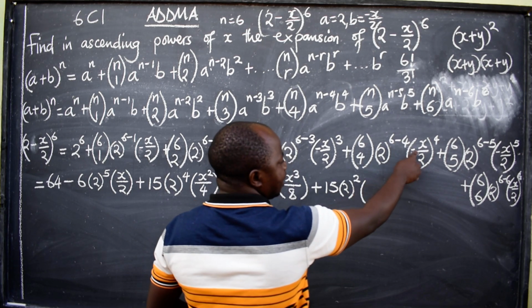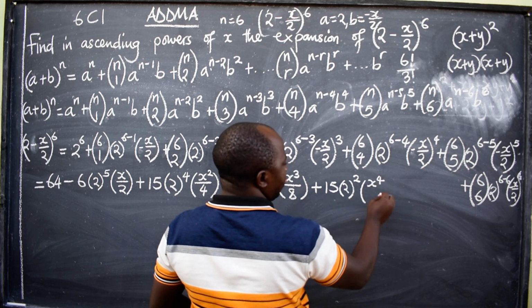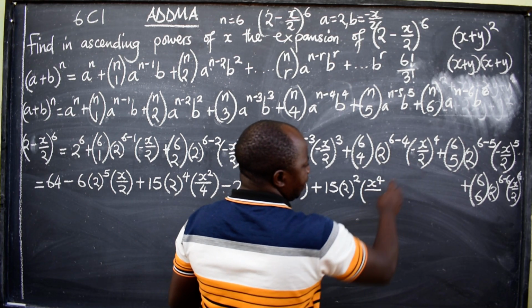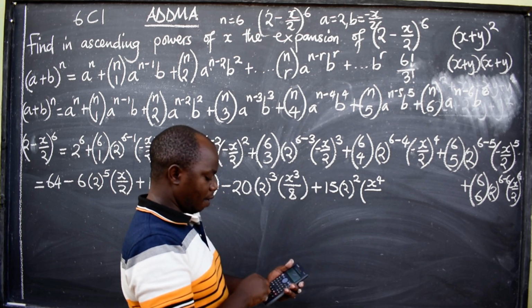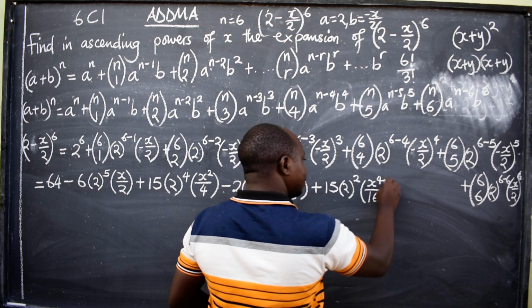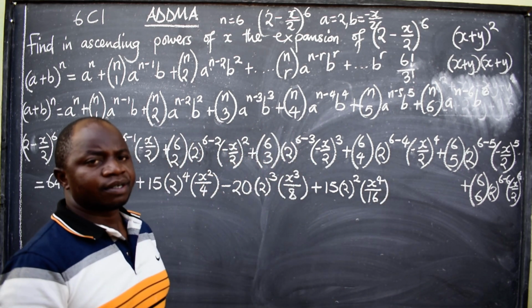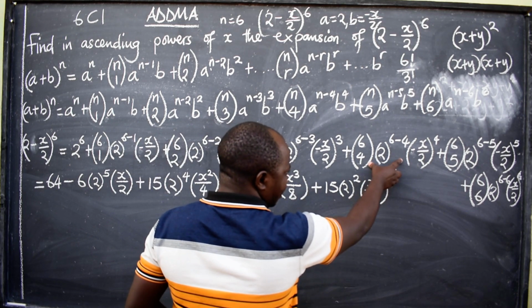Here I'm going to get, I've used this, so it will be x to the power 4 over, here I'm going to have 16, which is 2 to the power 4, and that will be 16. So 16 here. Are we together? We are done with this.